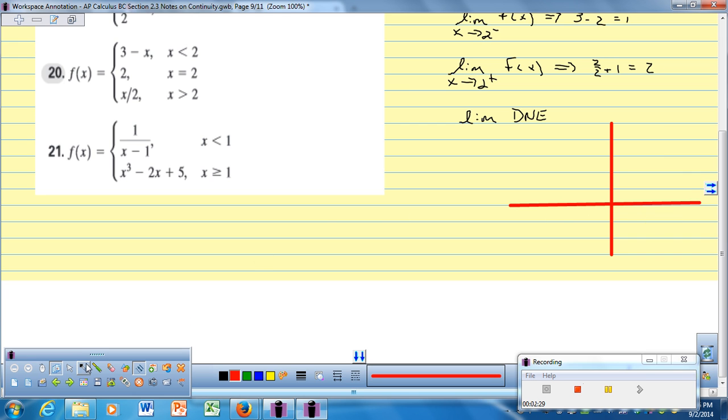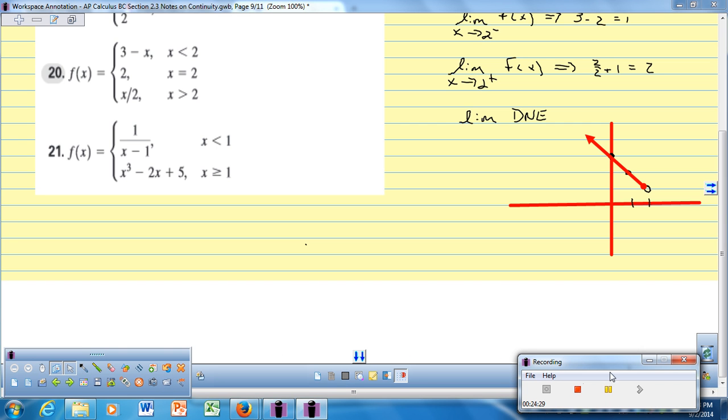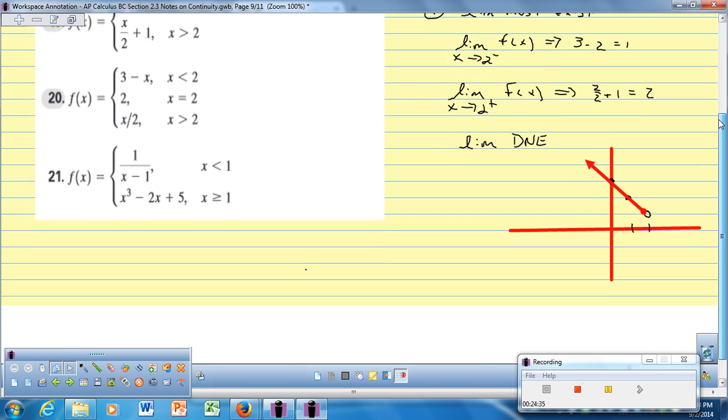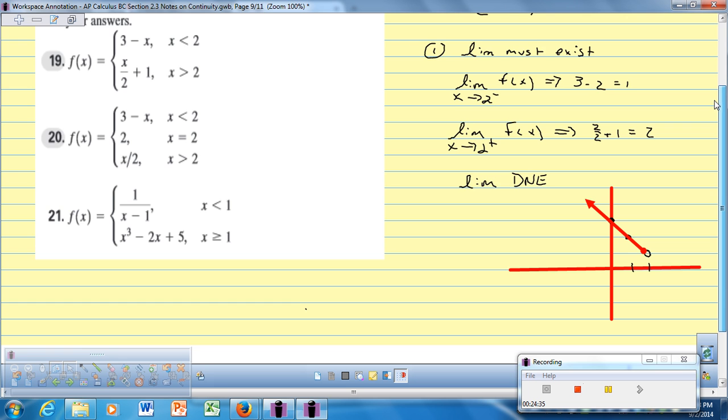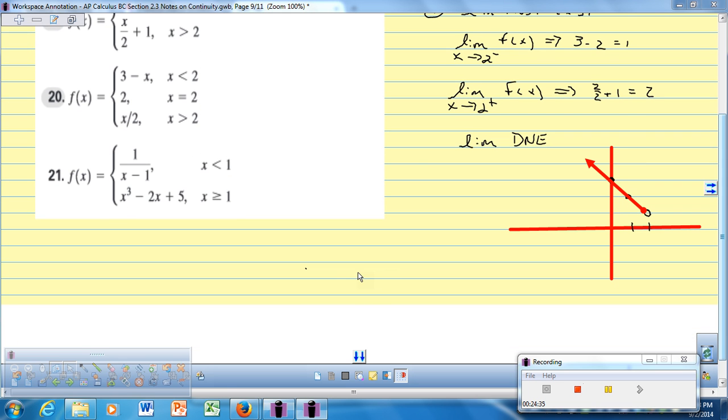Let's see, we have 3 minus x, that's 1, 2, 3, with a slope of negative 1. All right, and our second branch of our piecewise function is x over 2 plus 1, and it is defined to look like that where x is greater than 2.